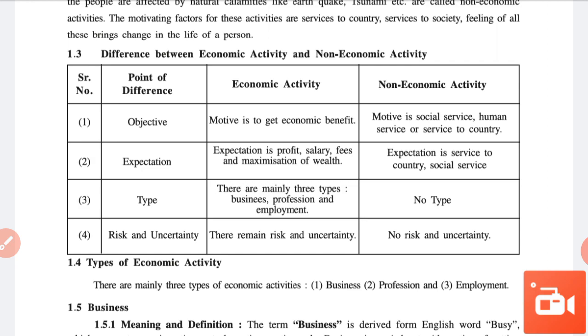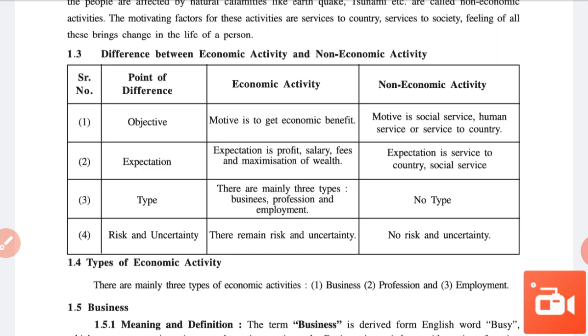Then expectation: in economic activity, profit, salary, fees, and maximization of wealth, and in non-economic activity, service to country and social service. The points of difference must be written in your paper.